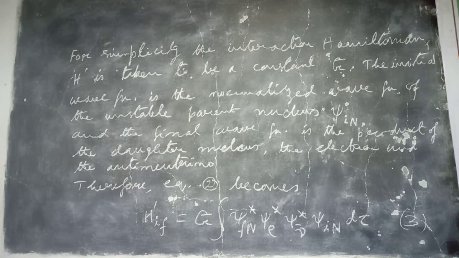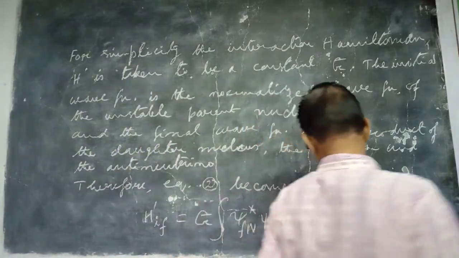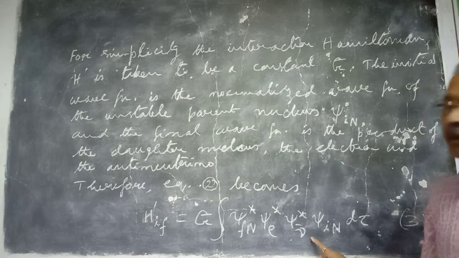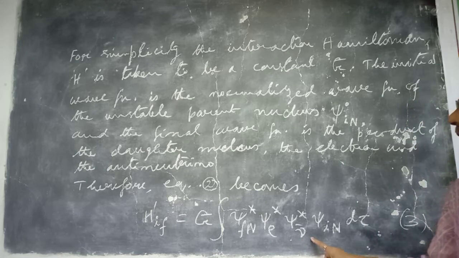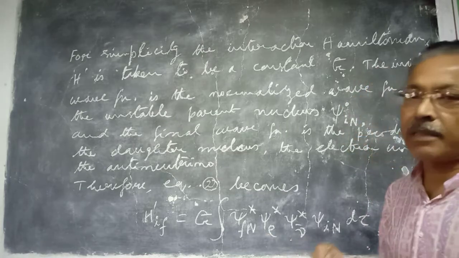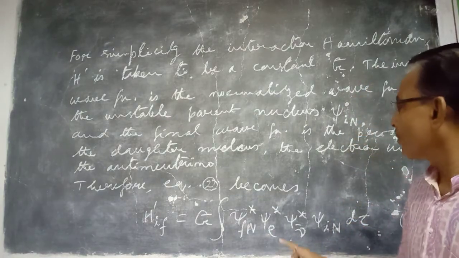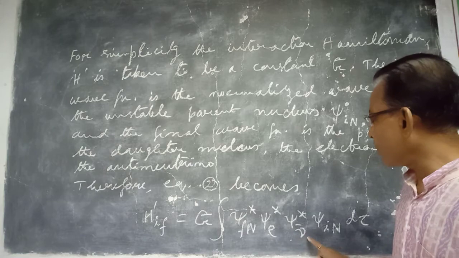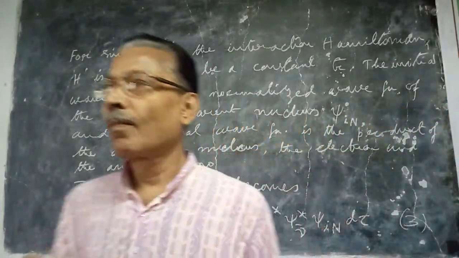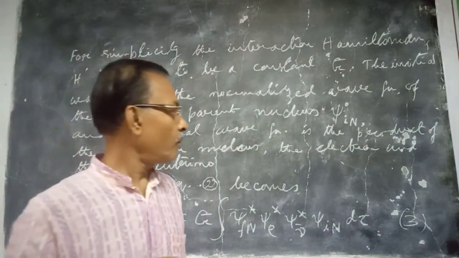Now here we assume that the lepton wave functions, the electron and antineutrino wave functions, are replaced by their constant values at the nucleus, because the energy involved in this interaction is very small, weak interaction. So the electron and antineutrino have very small energy. If energy is very small, then momentum will also be small.